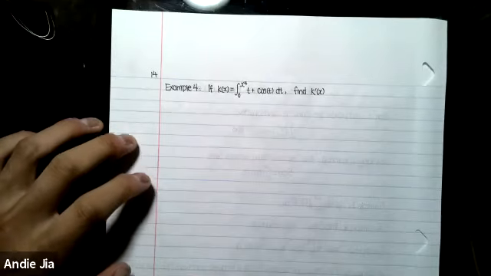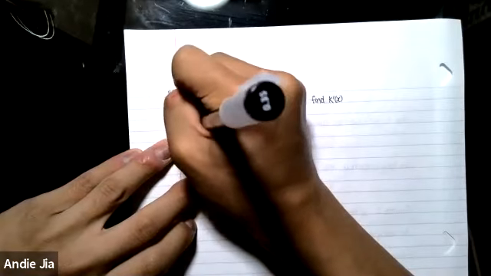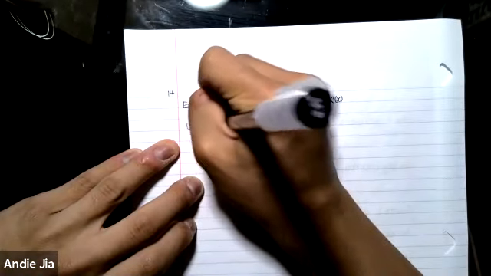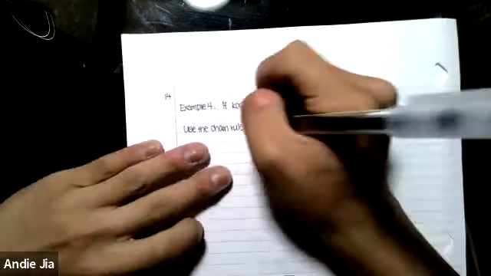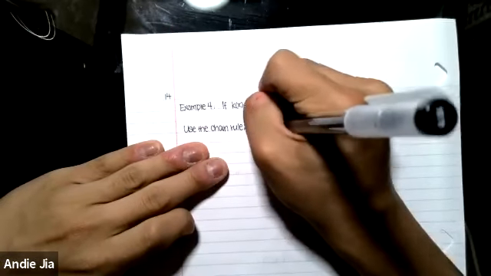We should use the chain rule to solve the derivative this time. Let u equal x to the fourth.